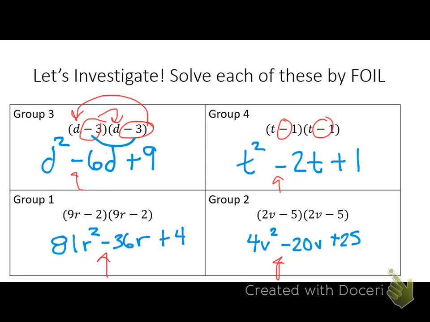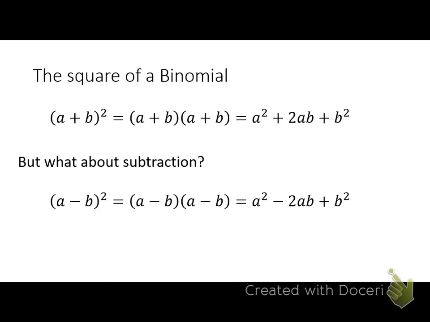So our formula, much like the last one, for subtraction, now I, once again, can write it either as (a - b) squared or have the two binomials side by side. So you have to recognize, when am I allowed to use this formula? You're not allowed to use it all the time, only on perfect squares with addition or subtraction.